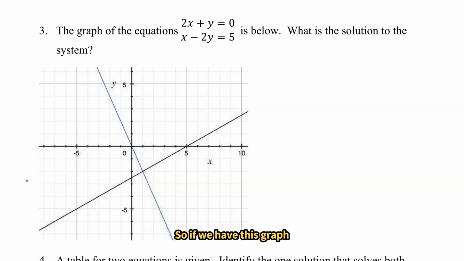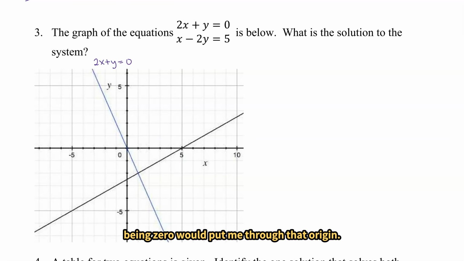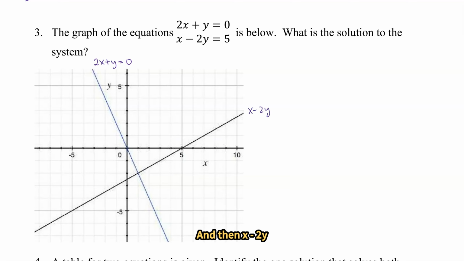So if we have this graph, and I will label it for you, 2x plus y equals 0 is this blue one. I don't have a y-intercept. With 2x plus y equals 0, x and y being 0 would put me through the origin. And then x minus 2y equals 5 will be the black line. Notice also that if y is 0, x equals 5, so we have that x-intercept of 5 there.